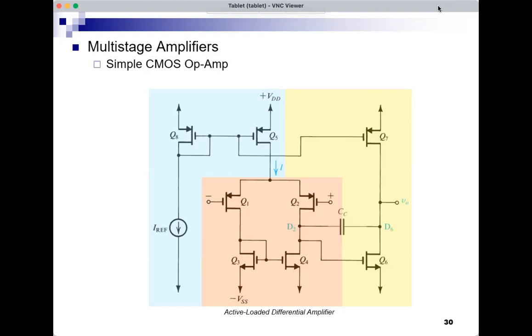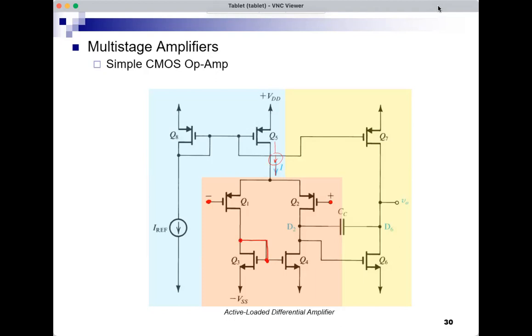So here, this is the current I. Q5 is implementing the current source I. These are the two input MOSFETs, so they're P. And this is the active load on the P MOSFETs, Q3 and Q4, implemented using N. And that's perfectly fine.